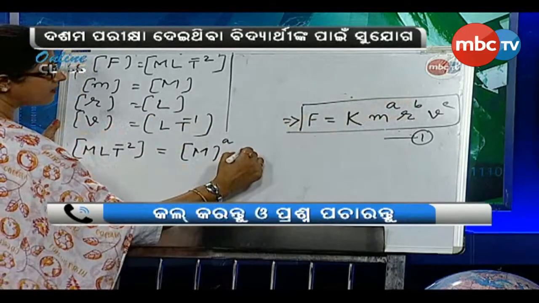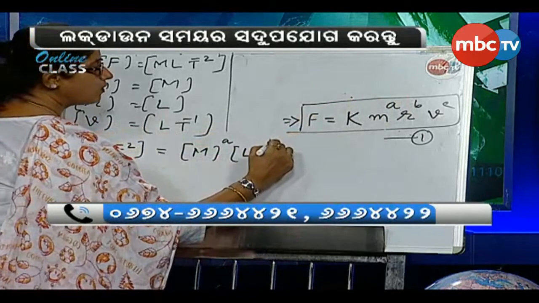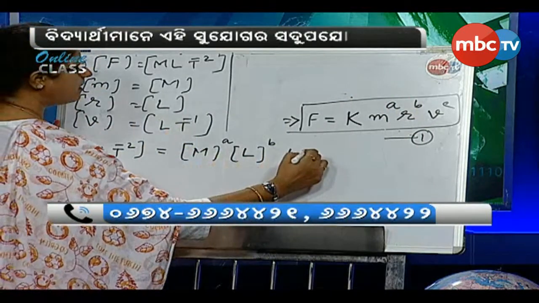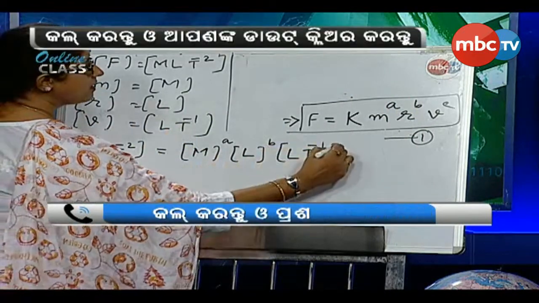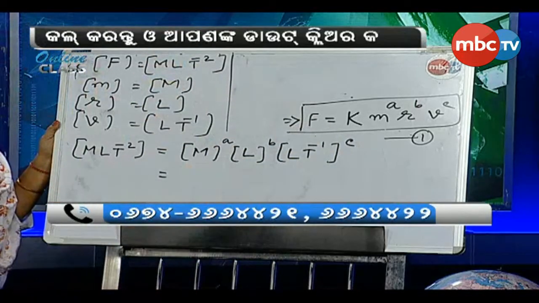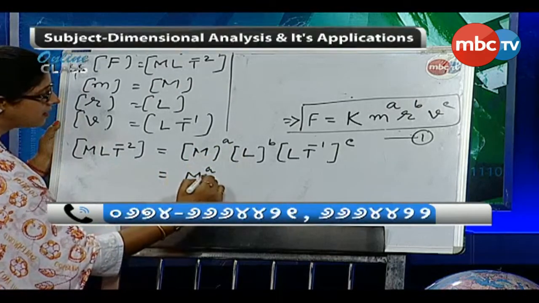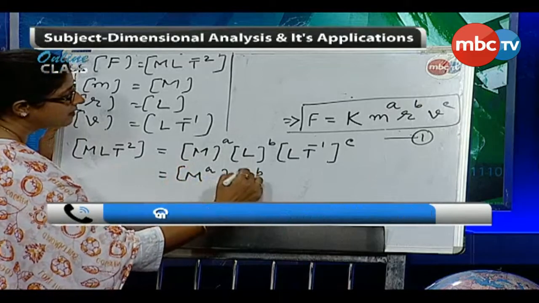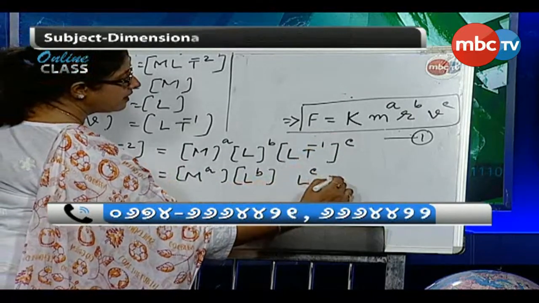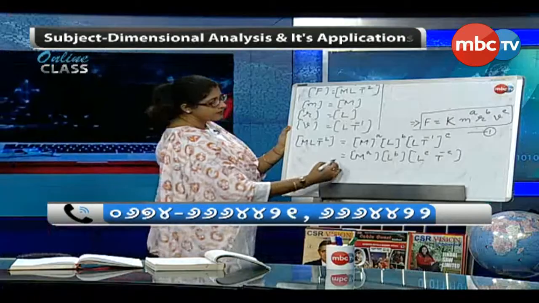R raised to b, r is L, so L raised to b, and velocity v, dimension L T minus 1, raised to c. Now, just solve it mathematically. M raised to a will be M^a, L raised to b is L^b, and (L T minus 1) raised to c gives L^c T^minus c. Yes or no?